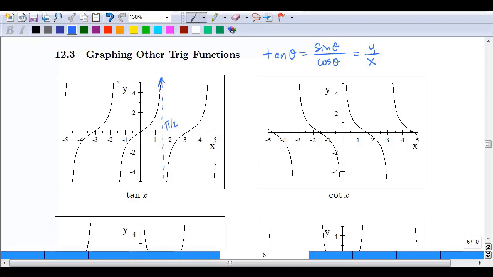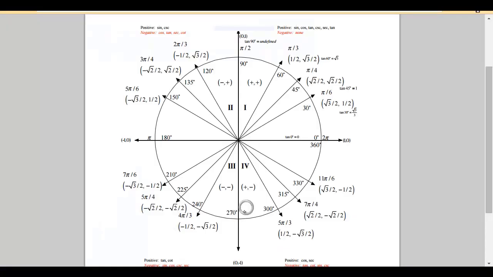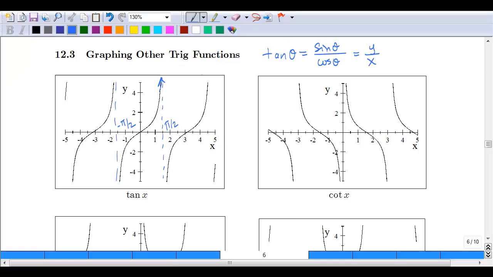Similarly, you see how this is repetitive. These are still cyclic functions. It's going to have an asymptote at negative pi over 2. So that's down here at negative pi over 2 or 3 pi over 2 as well. We've got, again, that x value being 0. So that's going to create this cyclic pattern with these asymptotes.